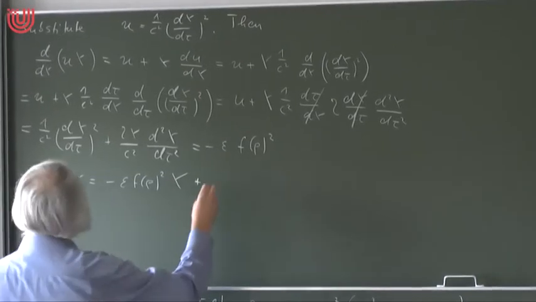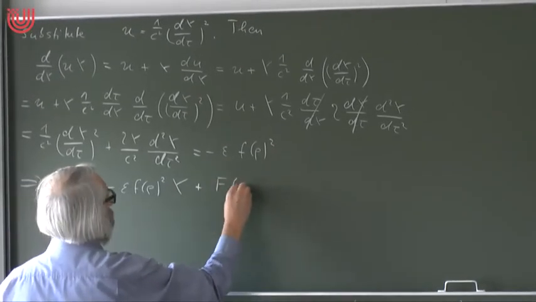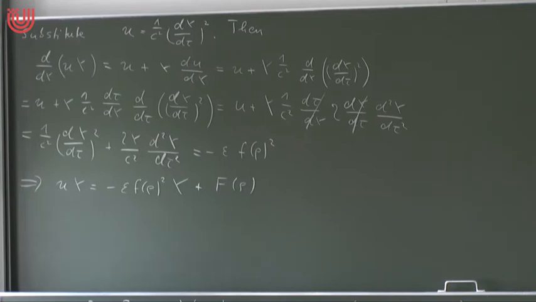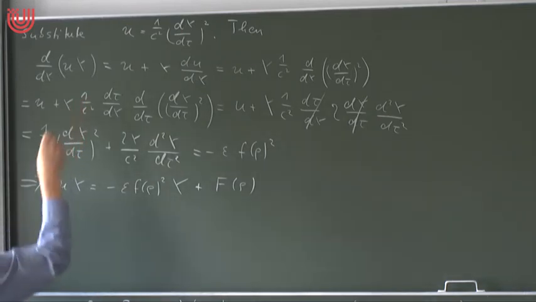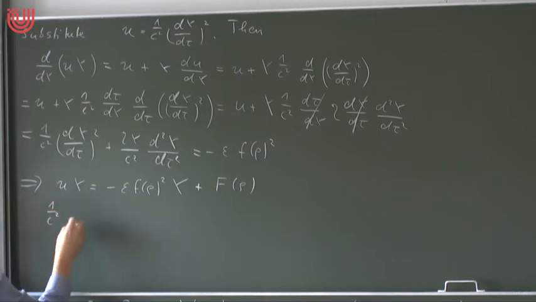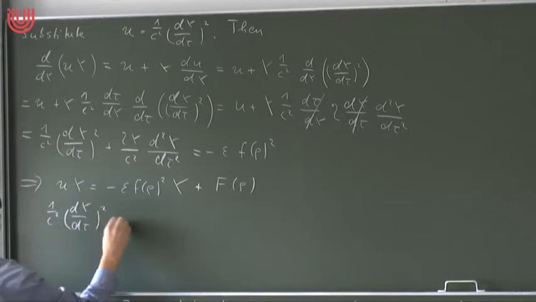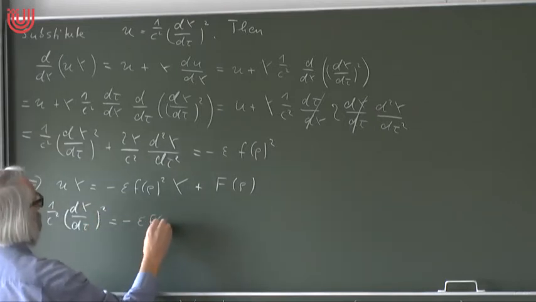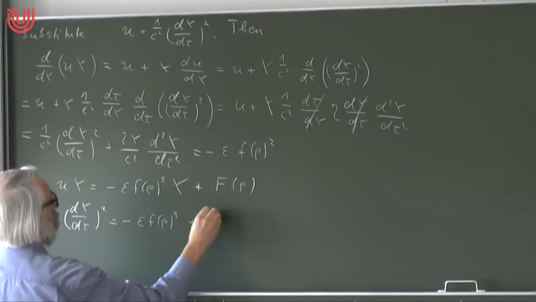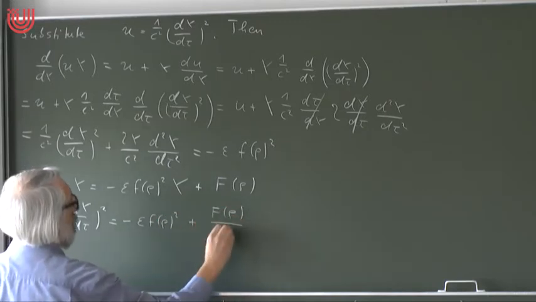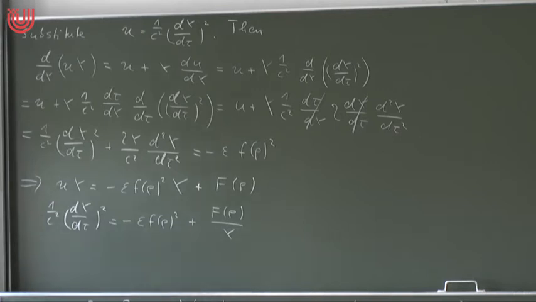And then I have an integration constant, which I call capital F. Of course, it depends on rho. And if we remember what u was, then we have 1 over c squared (dy by d tau) squared, and I divide by y, so I have minus epsilon f of rho squared plus F of rho divided by y.